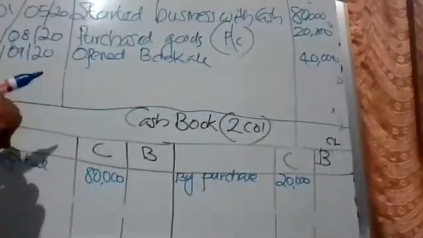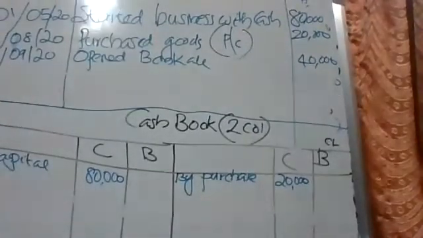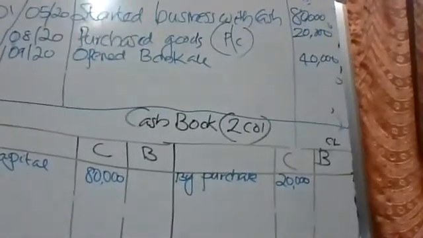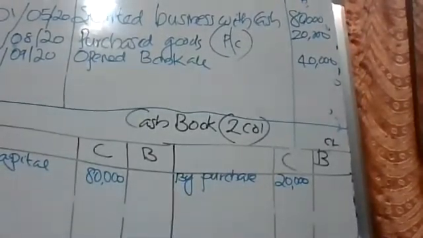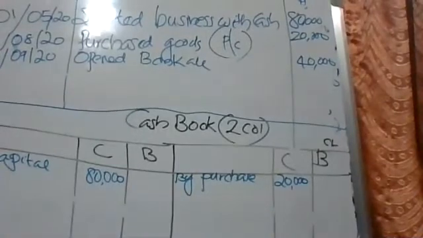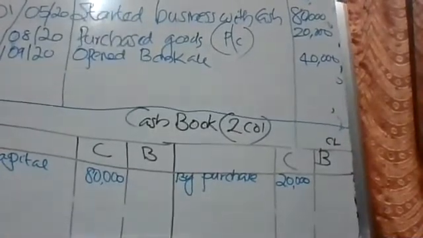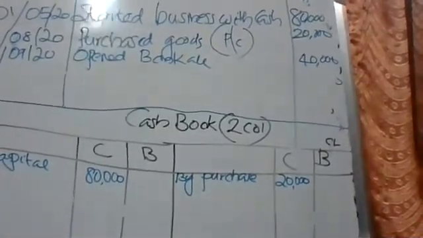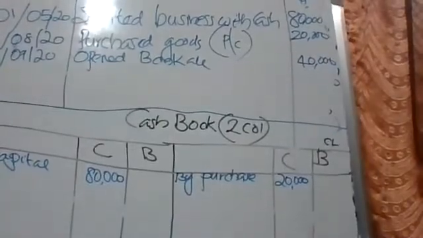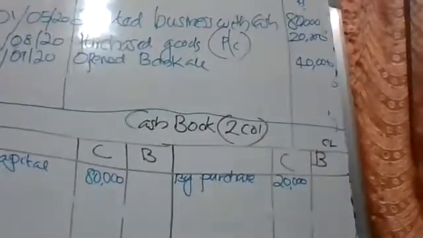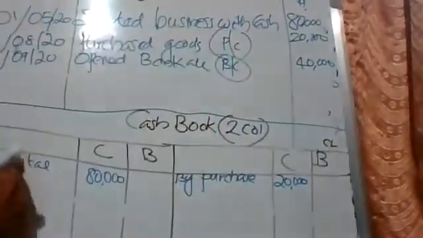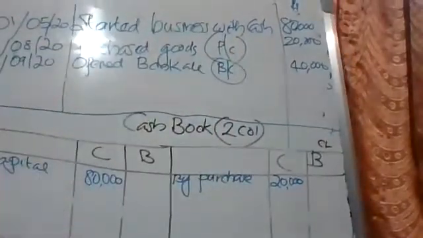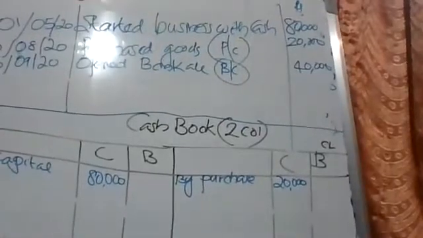Opened bank account. So bank account debit to cash account. Yes, bank account debit to cash account. Now, it is a contra entry. It is appearing on both sides, isn't it?